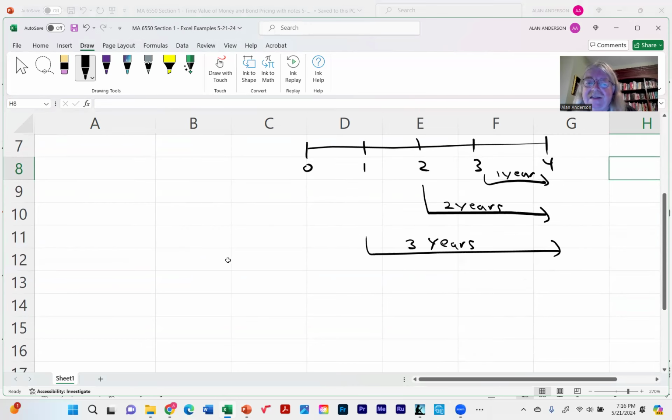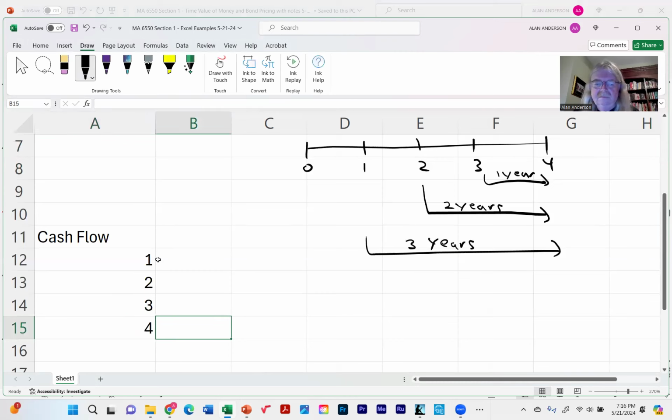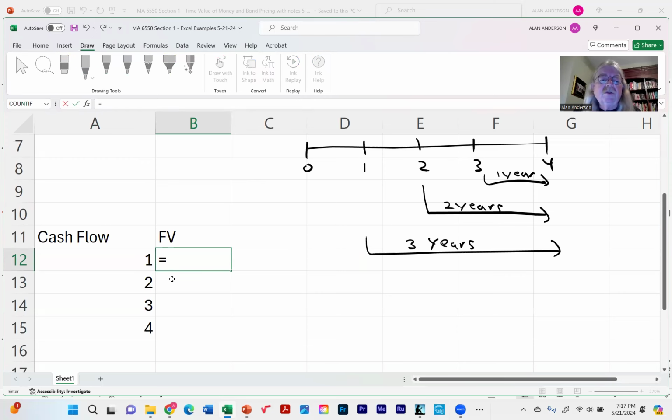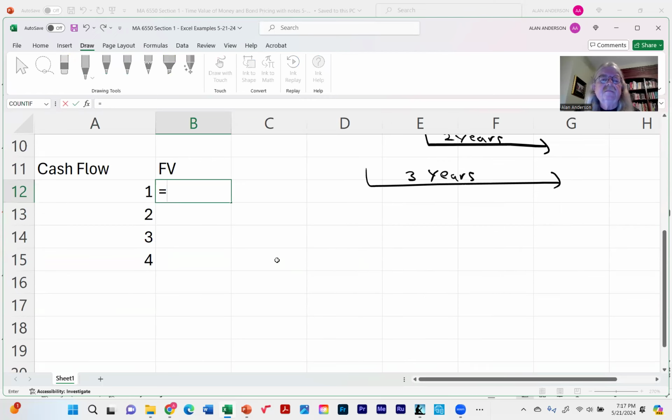Now, having said that, I guess we could try it right here. So remember how this works. The future value of a sum, we're multiplying the $1,000, which is B1.